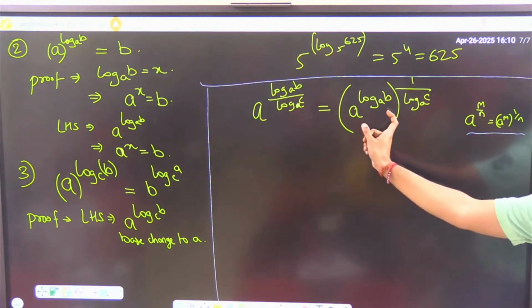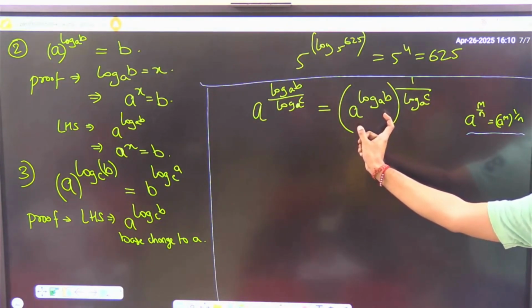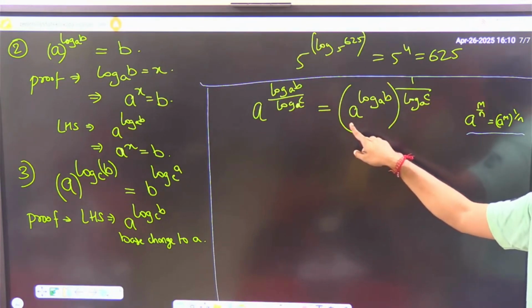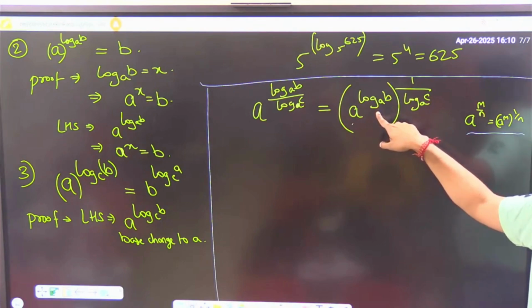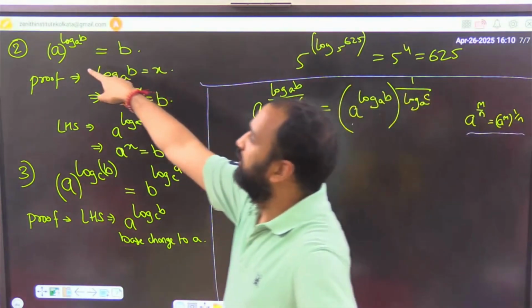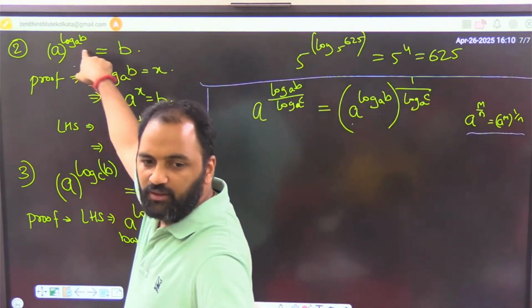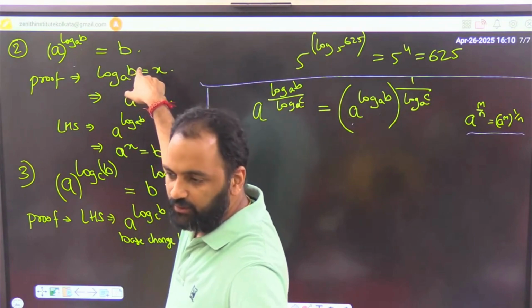But then what will happen to this part? Number raised to the power log of the same base, you know. Number raised to the power log of the same base will become b. B will drop down.